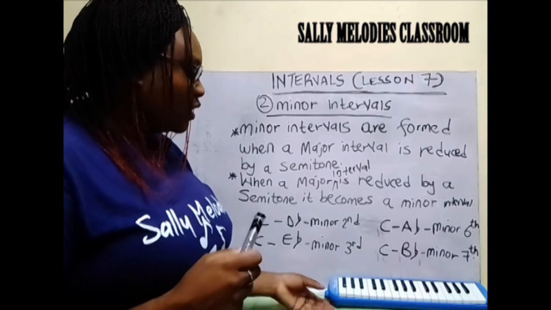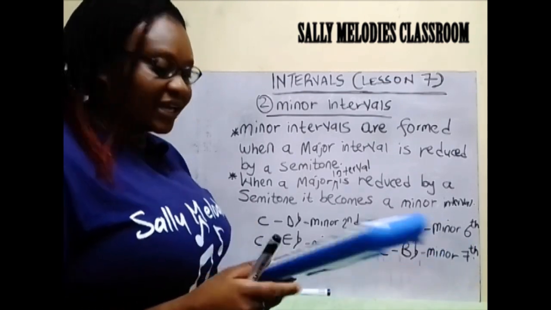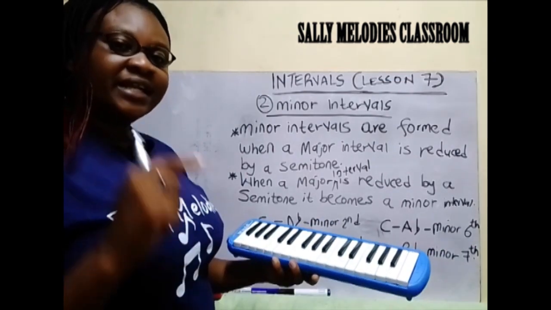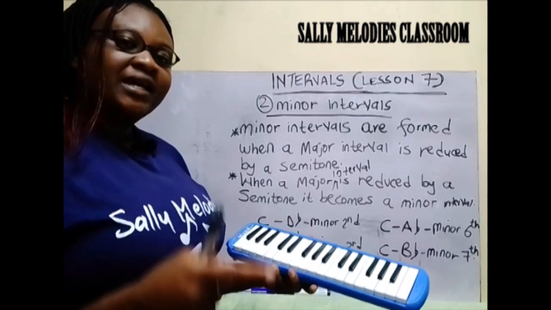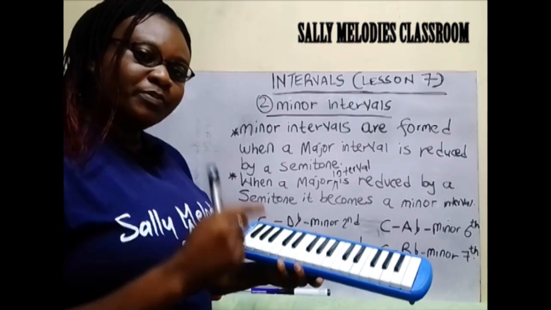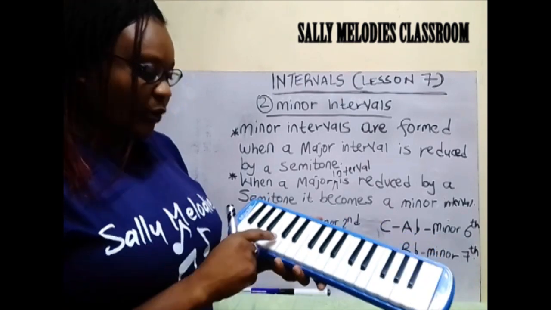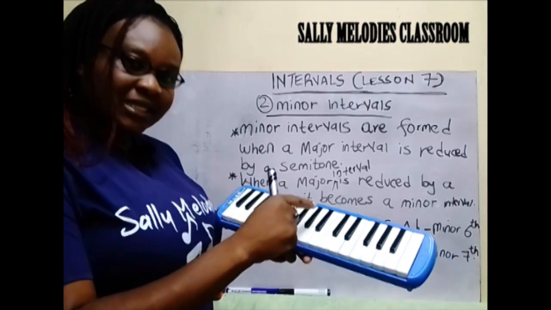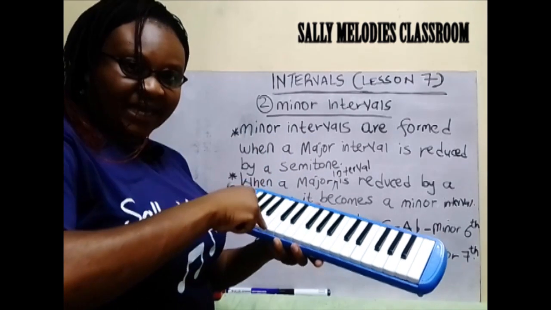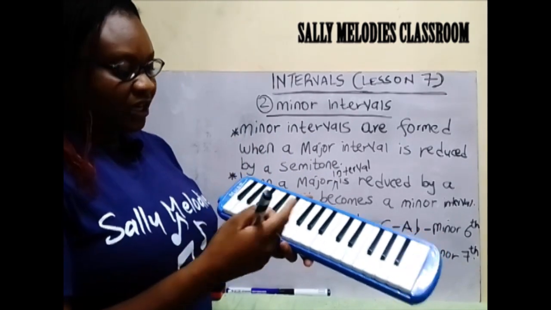Remember, when we were forming the sharps and flats, we know very well that a sharp raises a note by a semitone and a flat lowers a note by a semitone. When you are going forward, you are raising. When you are coming back, you are lowering.